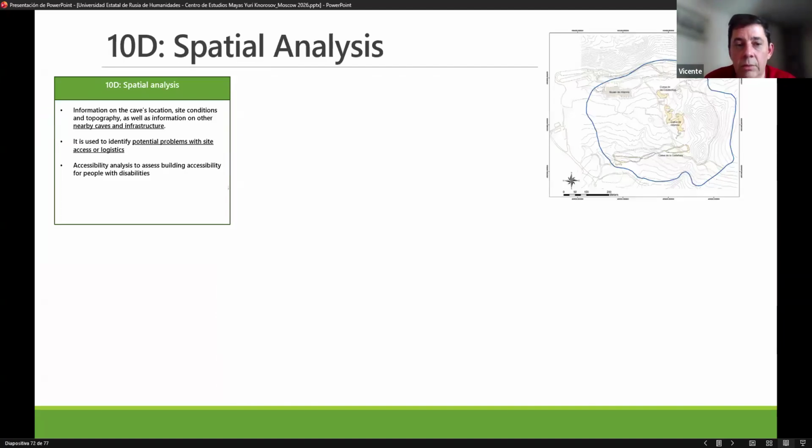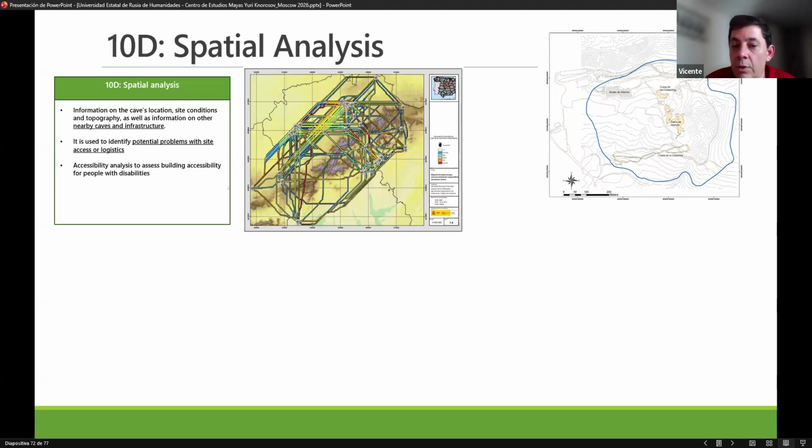And the last one is the relation of the cave with all the surrounding places that are near. So here you see the Altamira cave, and the routes, you can model the routes. Here each point is one site of the same moment, okay?